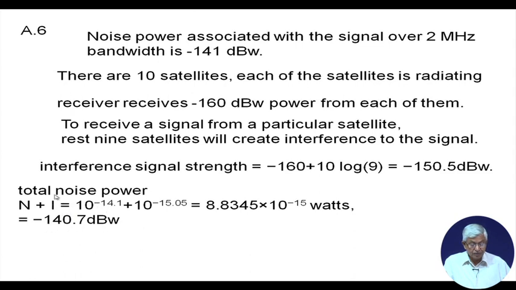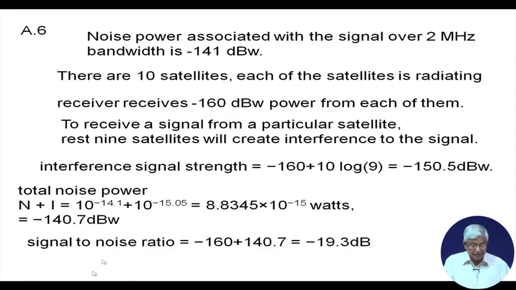So, this is total noise plus interference to a particular receiver, and the signal the receiver is receiving, each of them is minus 160 dBW. So, signal to noise ratio can be calculated as minus 160 plus minus to minus 140, that becomes plus. So, plus 140.7, it becomes minus 19.3.